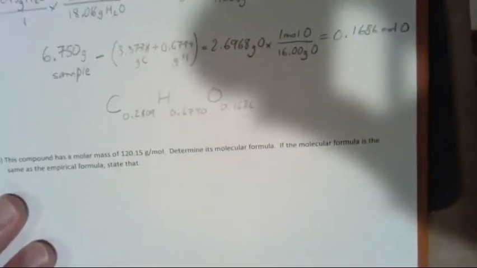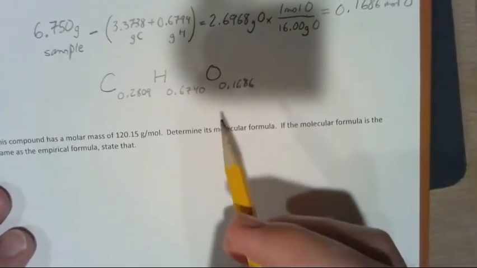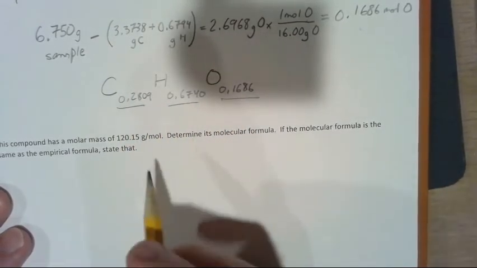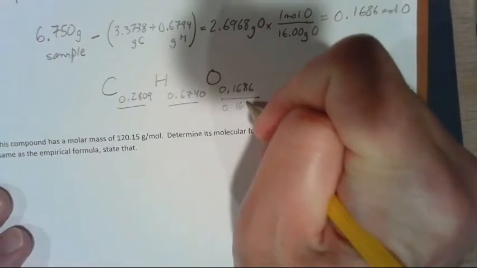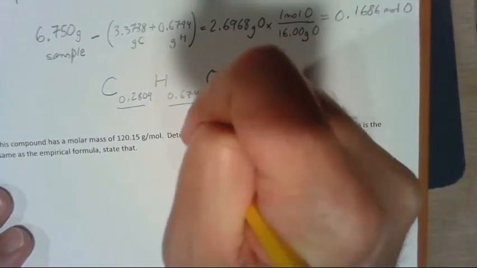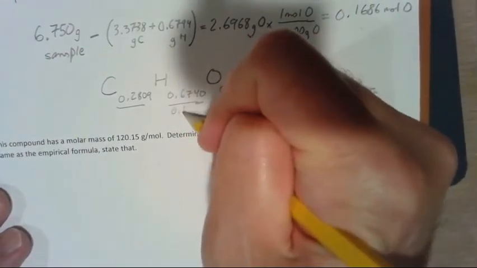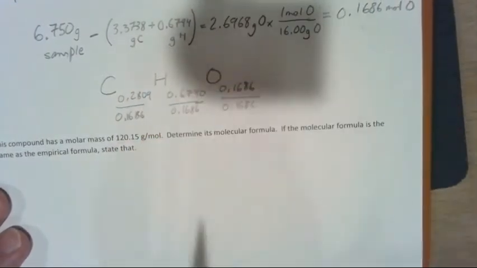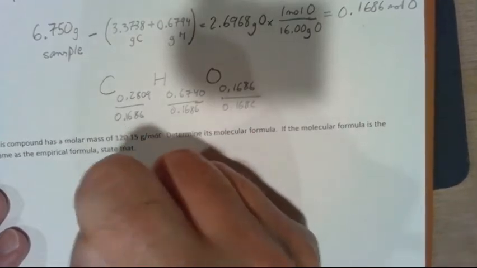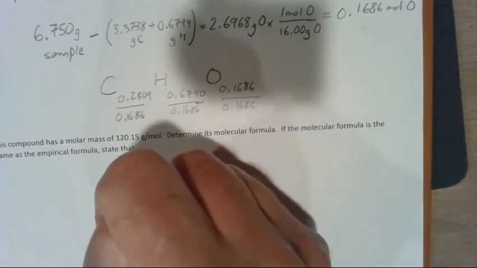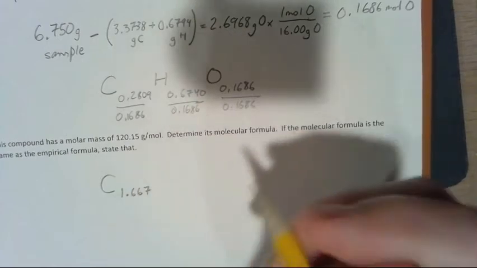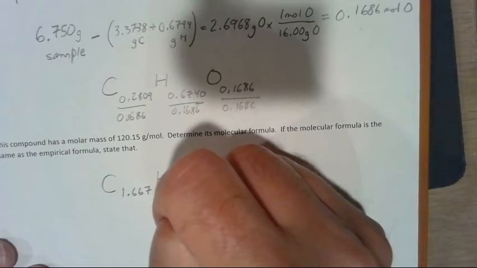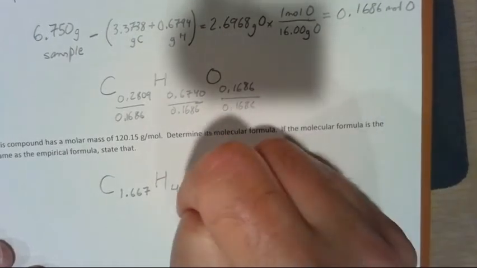So mathematically, what we would do is divide through by the smallest of these numbers. So that way we get oxygen at least to 1, and we'll see what other whole numbers come out. So I'm going to divide everything by 0.1686. And when you do that, you get carbon 1.667, hydrogen, which is 3.998. We're going to call that 4, close enough to a whole number. And oxygen, of course, is 1.